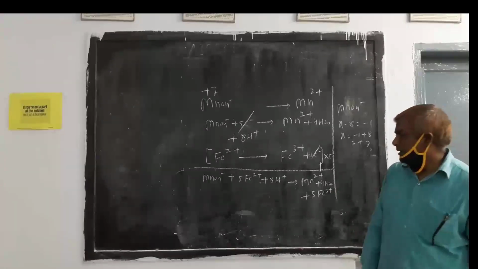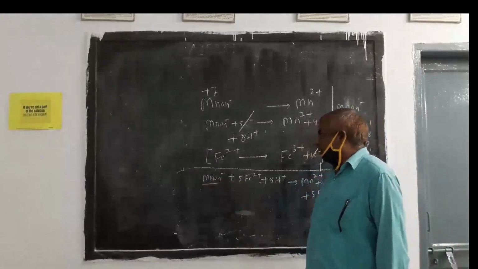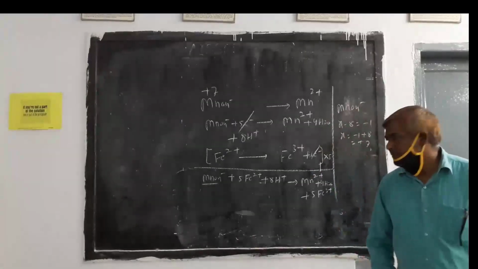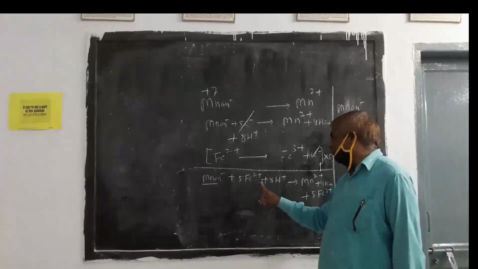This reaction indicates that 1 mole of KMnO4 oxidizes 5 moles of Fe2 plus.